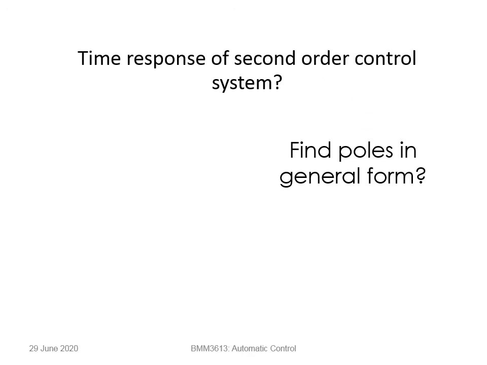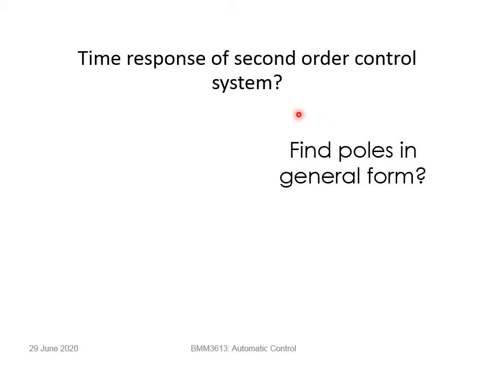Now that we have defined the two parameters of the second order time response, which are natural frequency omega n and damping ratio zeta, let's see how these two parameters affect the type of response of a second order system.